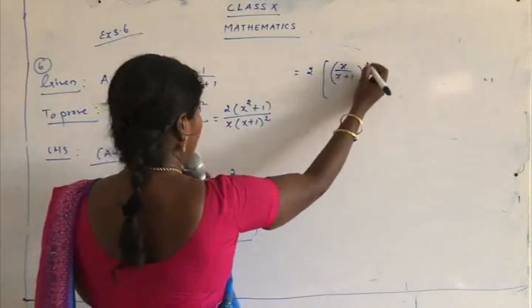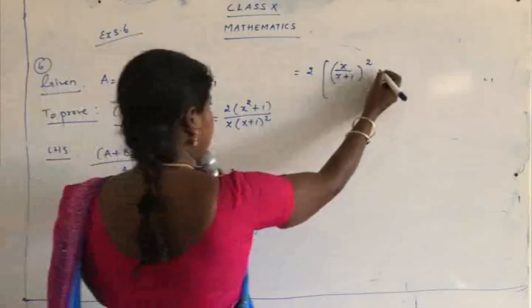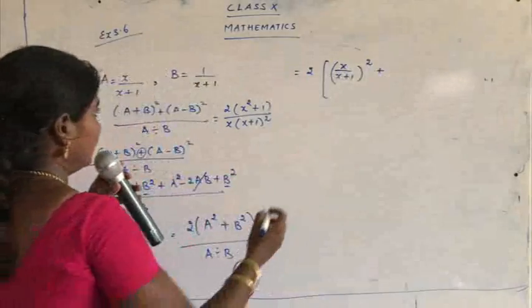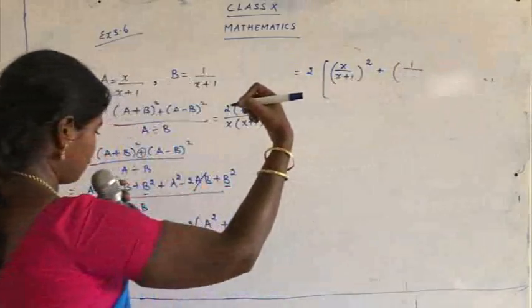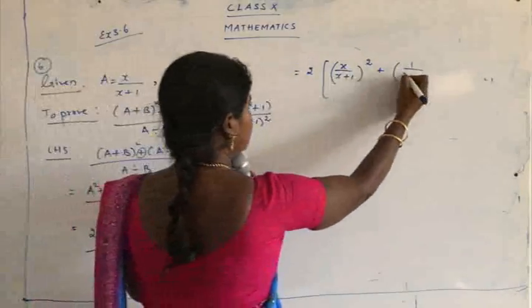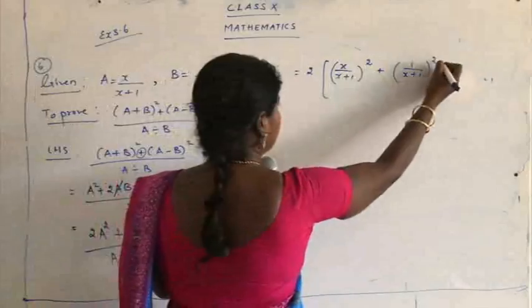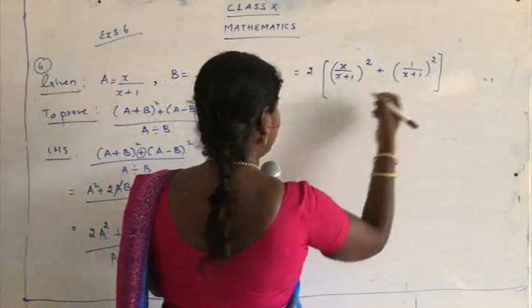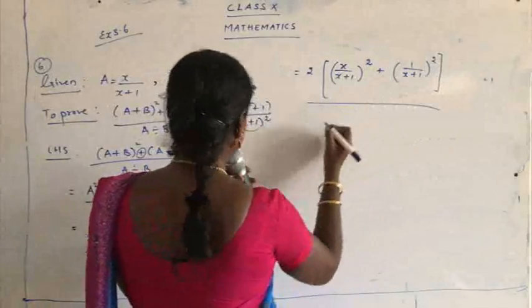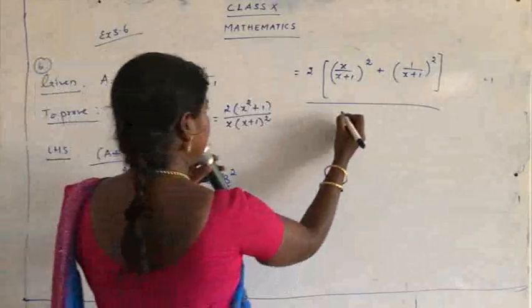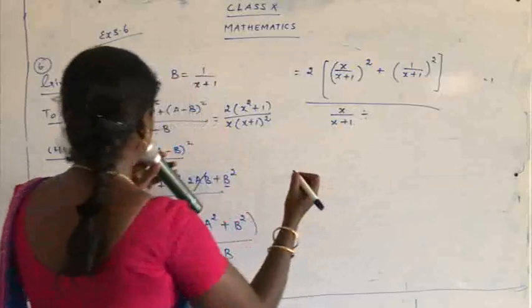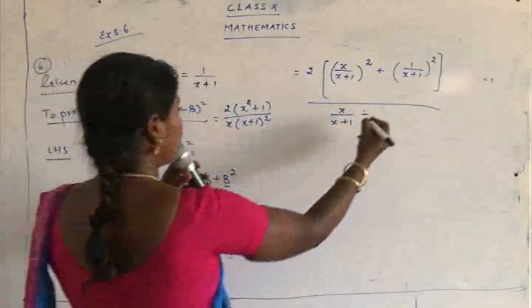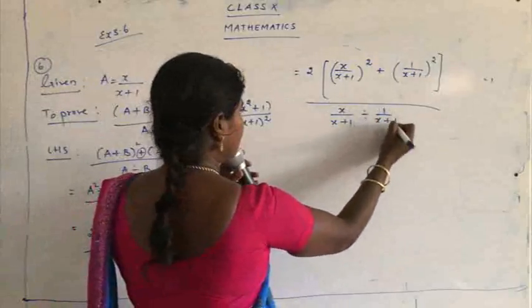x plus 1 the whole square plus b square. That's 1 upon x plus 1 the whole square. This is just in the numerator part, upon a divided by b. A is x upon x plus 1, divided by b, it's 1 upon x plus 1.